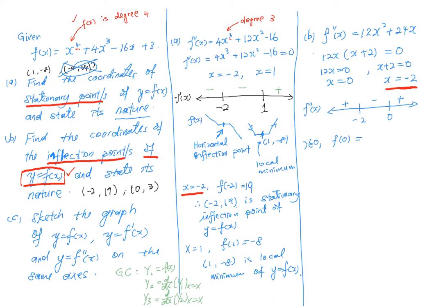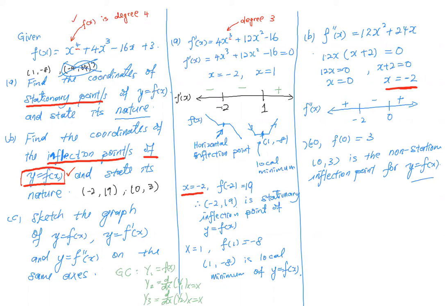I get 3. Correct? So I will say (0, 3) is the non-stationary inflection point for y equal to f(x).